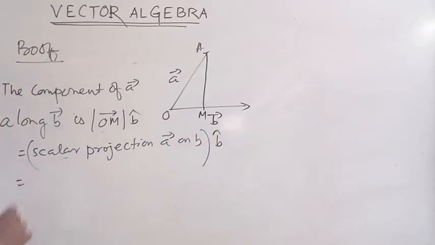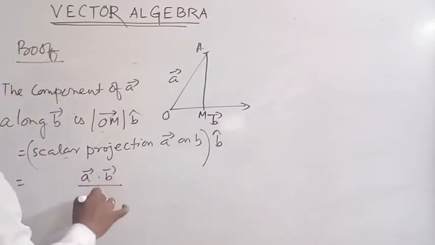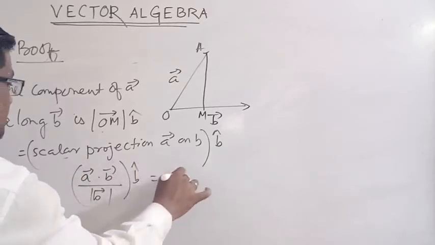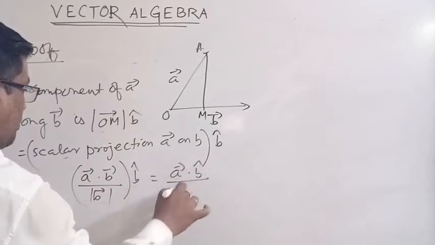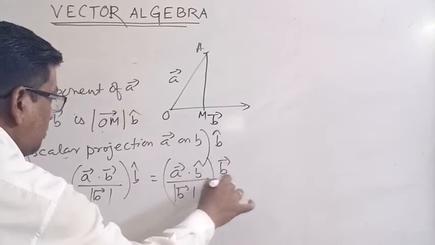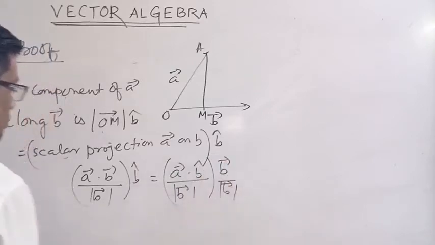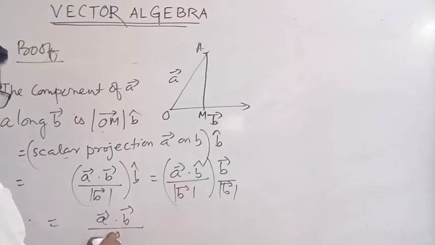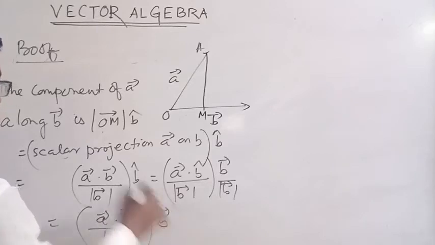So this is equal to A dot B divided by magnitude B, into B cap. So this is A dot B by magnitude B, and B cap means B vector by magnitude B. So this is equal to A dot B by magnitude B whole square, simply multiplied by B.